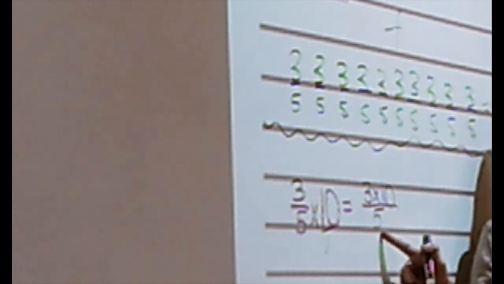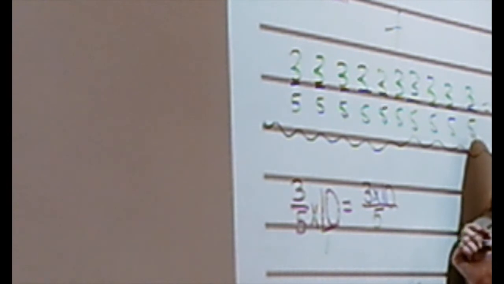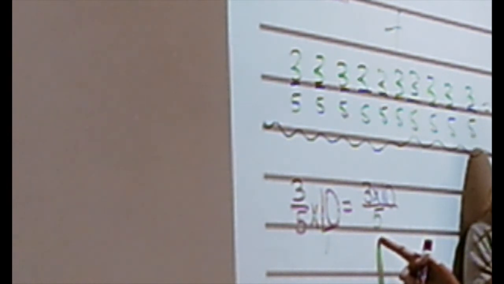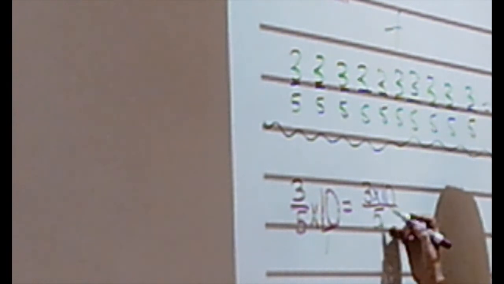What does 5 have in common with the top 2 numbers? Ricardo. 5. We can divide 5 by 5, and we can divide 10 by 5. Let's go ahead and do that. 5 divided by 5 is? 1. 10 divided by 5 is? 2. Good.